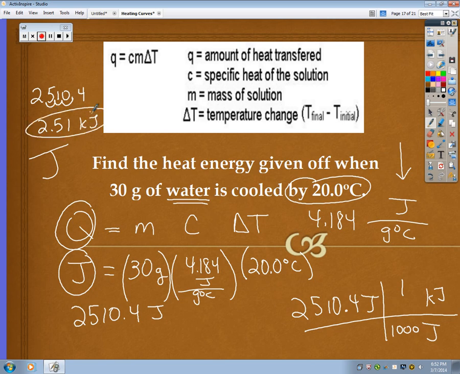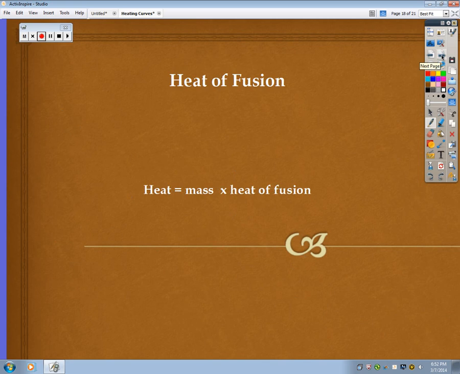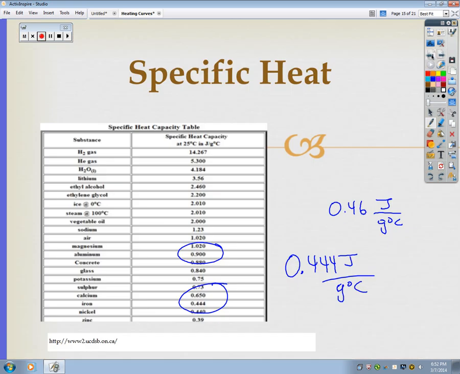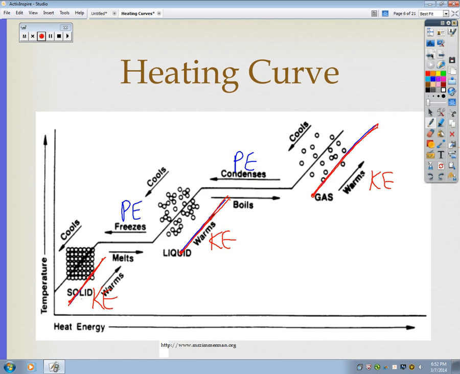All right? Yeah. That's for specific heat. If we go back to our heating and cooling curve, rewind. So on these potential energy plateaus, this is actually where heat of fusion, no confusion about heat of fusion, and heat of vaporization occur.